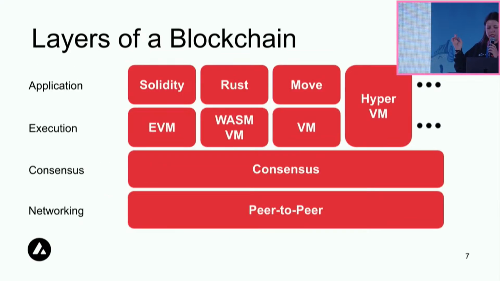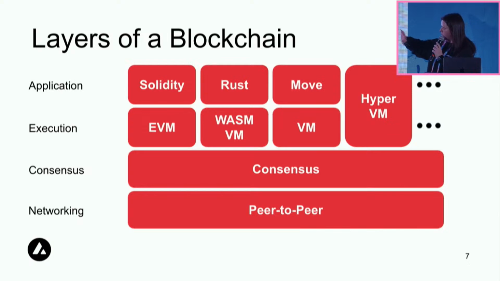When we see, for instance, the Avalanche blockchain, you have the peer-to-peer layer, the consensus, and as well the execution level, where you can launch different subnets, each of them having their own execution environment or their own virtual machine. And on top of that, at the application level, you can do whatever you want.